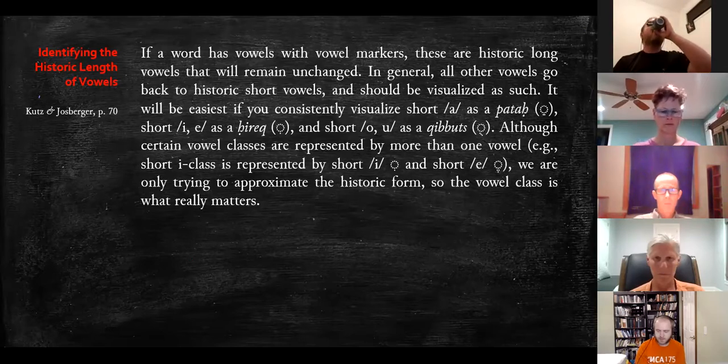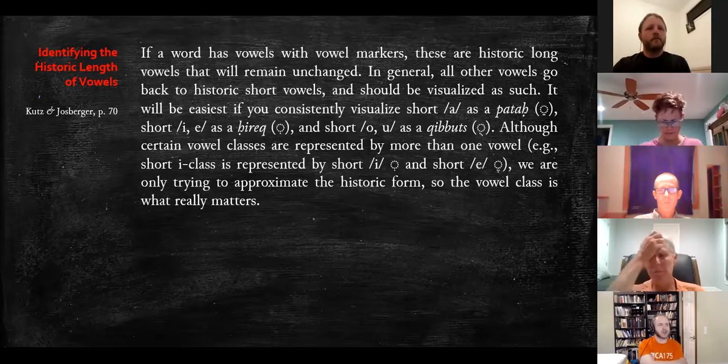If a word has vowels with vowel markers, matres lectionis, these are historic long vowels that will remain unchanged. In general, all other vowels go back to historic short vowels and should be visualized as such.